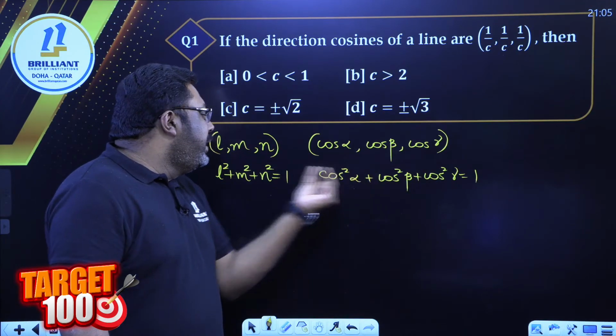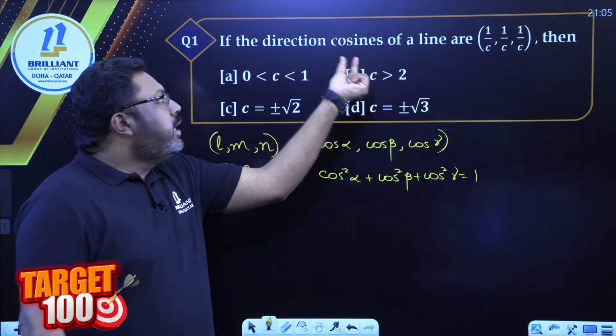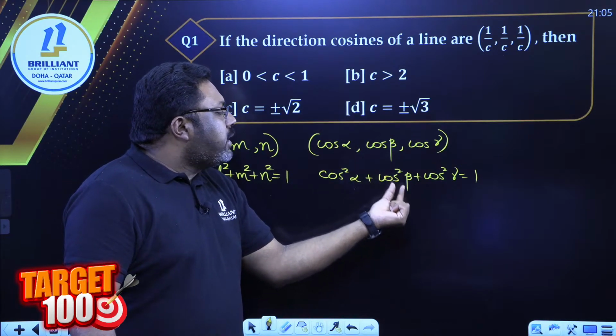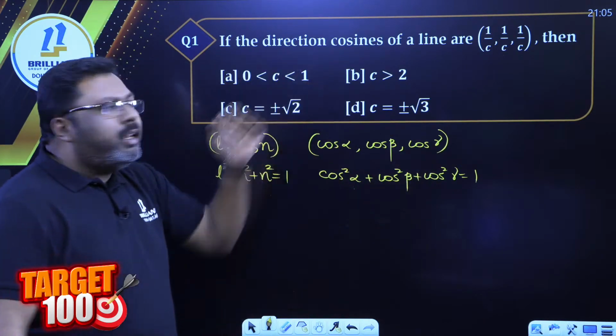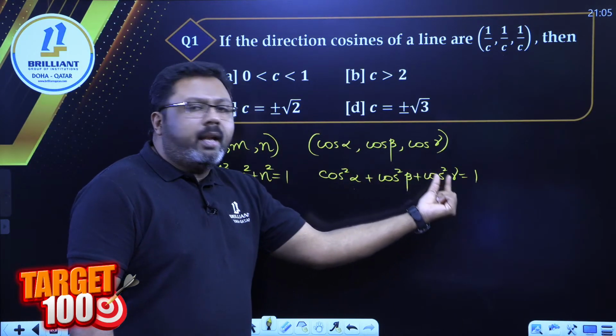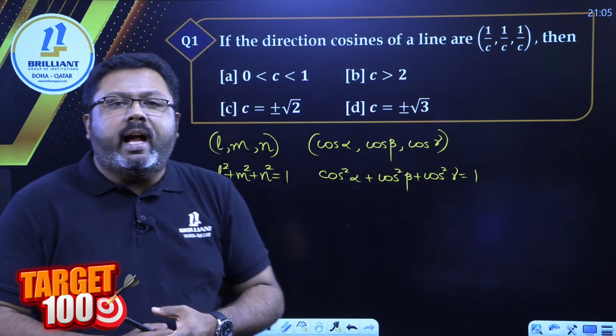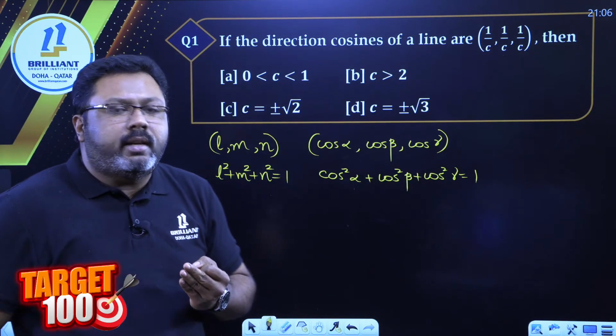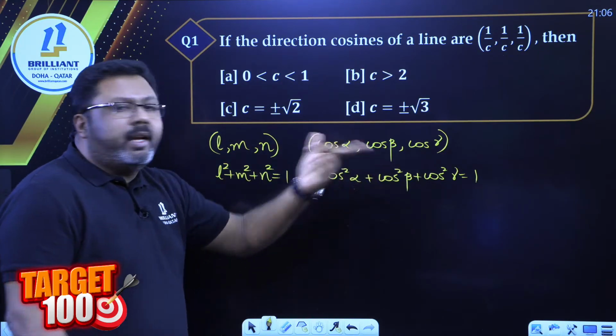What has it got to do with direction cosines? It's the cosine of the angle that each of the axes makes with my line. My line makes an angle of alpha, beta and gamma with the positive direction of the x-axis, y-axis and z-axis respectively. So the relationship is very clear.